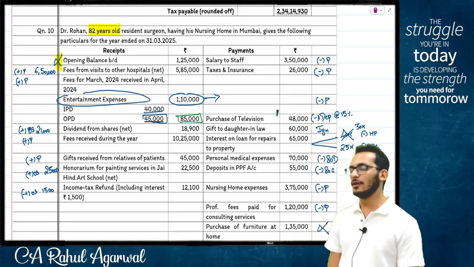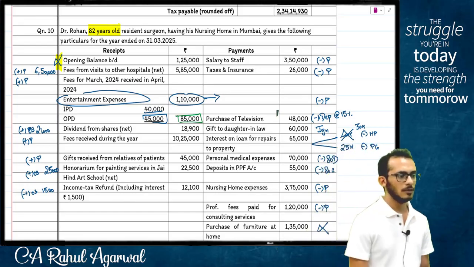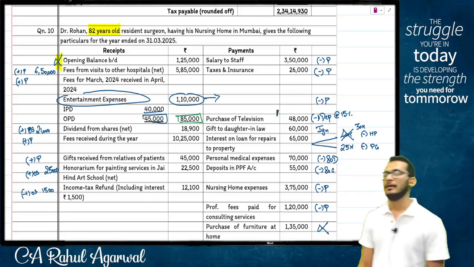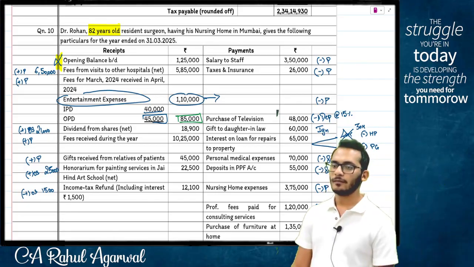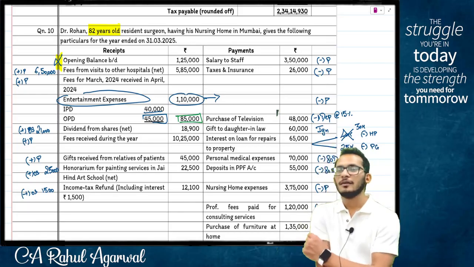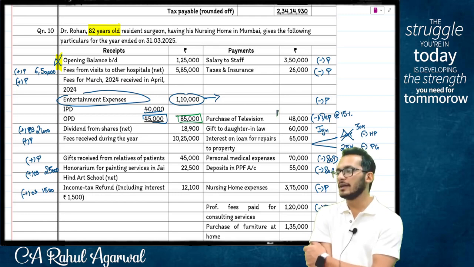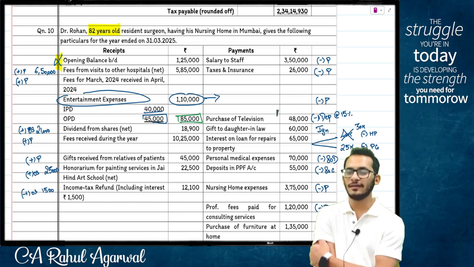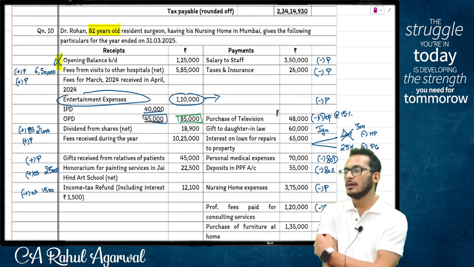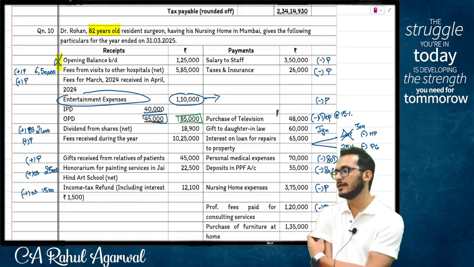Under HP, people, you don't have LOP, you directly have SOP. So under HP, you will say interest on loan for repairs, hyphen 40,000 in the particulars itself, 40,000 restricted to, and directly in the last column the number is minus 30,000.